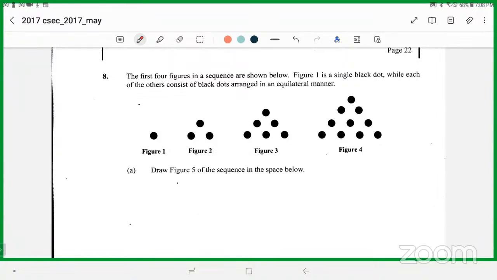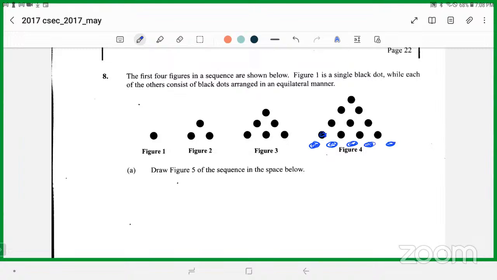So you can observe that they added these 2 to the bottom of this one, then they added these 3 to the bottom of this one, then they added these 4 to the bottom of this one. So for the next one we need to add 5 onto the bottom. That will be my next shape.